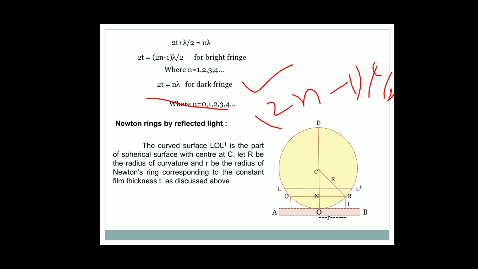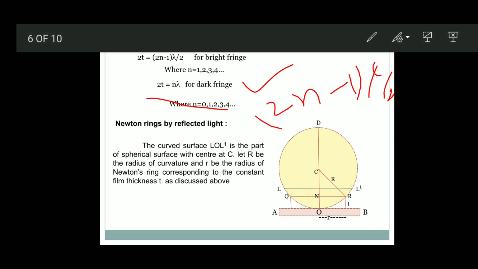To understand this clearly mathematically, we can assume that LOL' is a plano-convex lens, and AB is the plane glass plate.